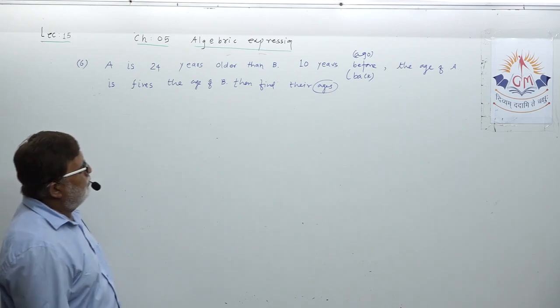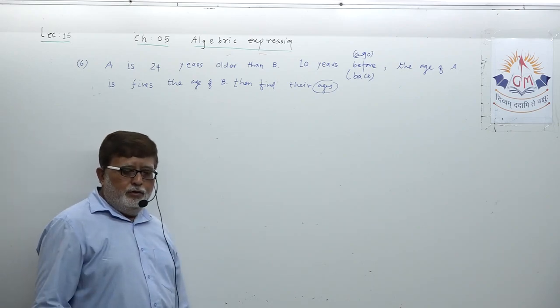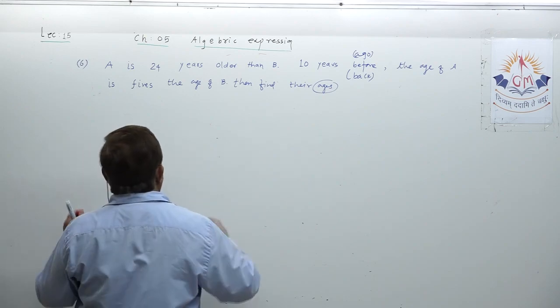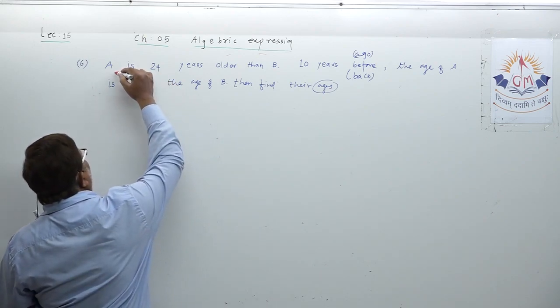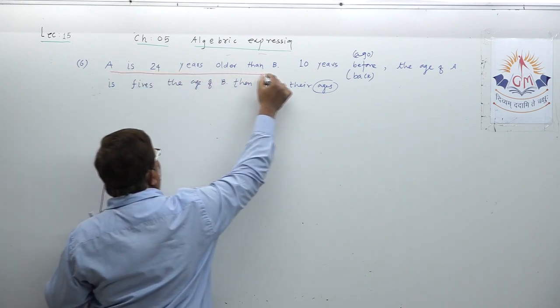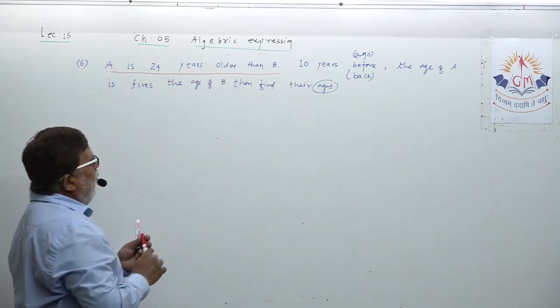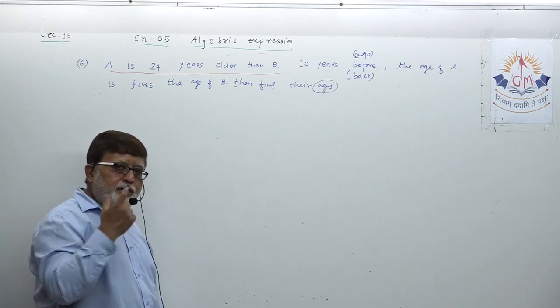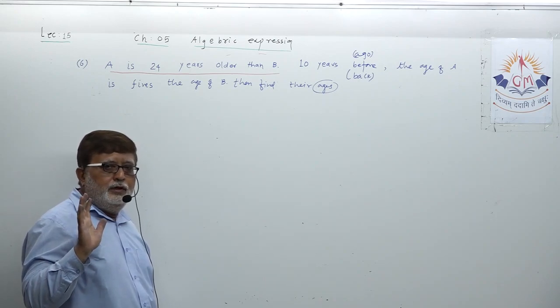What is written? A is 24 years older than B. Your complete concentration has to be on this only.